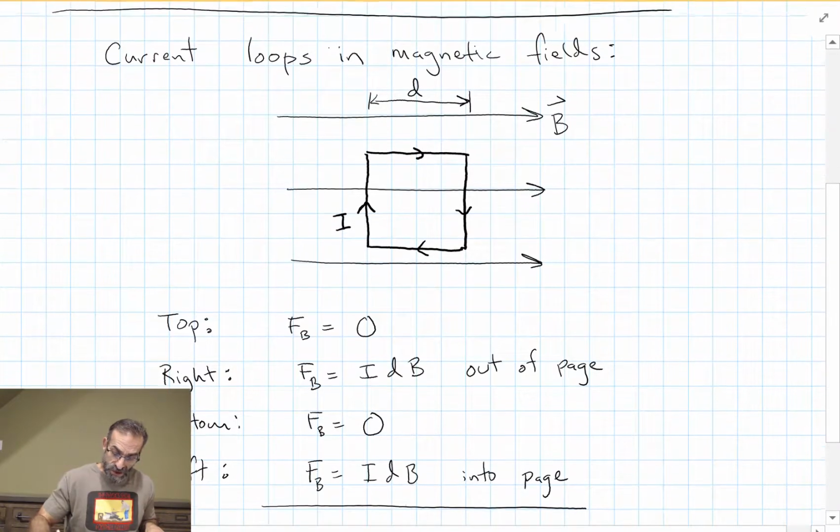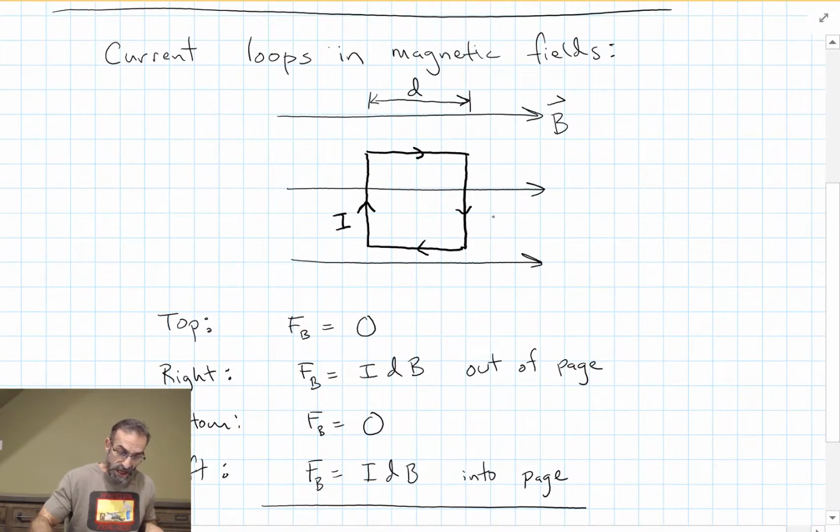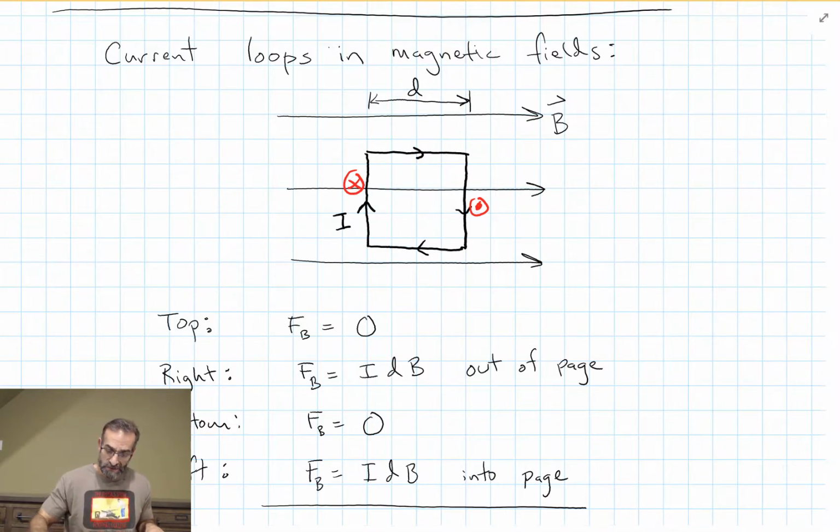If we take a closer look, we've got a force coming out of the page on the right side and going into the page on the left side. So what's going to happen to our loop? It will rotate.